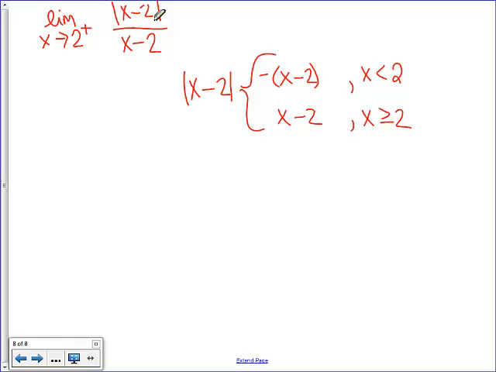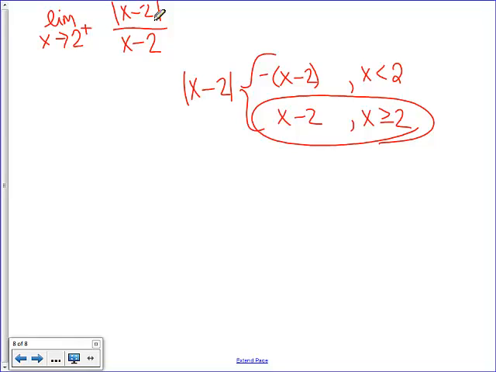So if I plug this in, again, we are looking at the limit from the right, so coming from the positive side. That means I'm going to use x minus 2 in that top part of my equation. Again, I'm going to substitute the x minus 2 from my piecewise function in for the absolute value, since I am coming from the positive side.